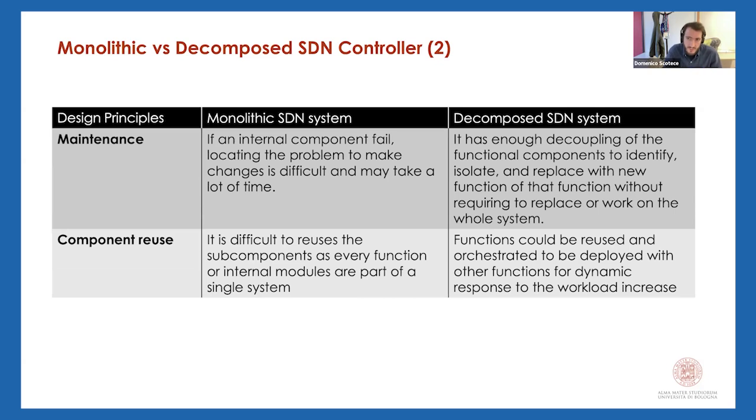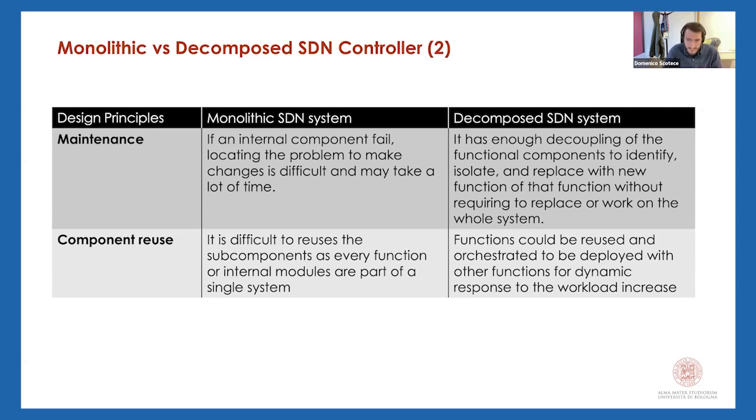For a decomposed microservice SDN system, you can for sure isolate the problem, isolate the failure, and then you can only replicate the function that fails by leveraging an orchestrator, let's say Kubernetes, for instance, or just Docker, or just docker run.